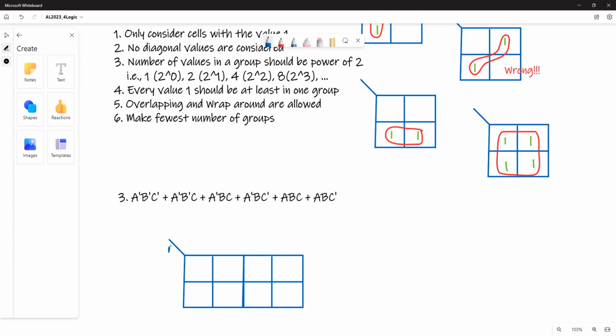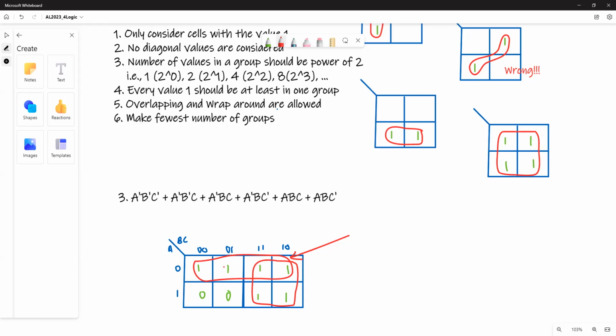So this side I'm going to have A. This side I'm going to have B, C. So we have A bar, B bar, C bar. Right, that is one here.